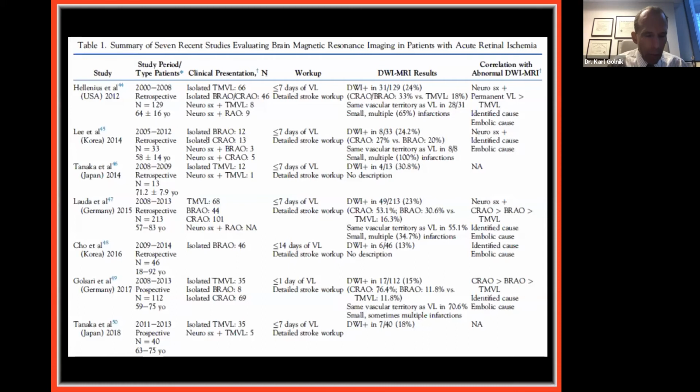And you're not meant to look at all of this data, but this is also from a review article where they looked at these 7 studies. All of these studies were evaluating what you see when you get MRIs in patients with acute retinal ischemia.